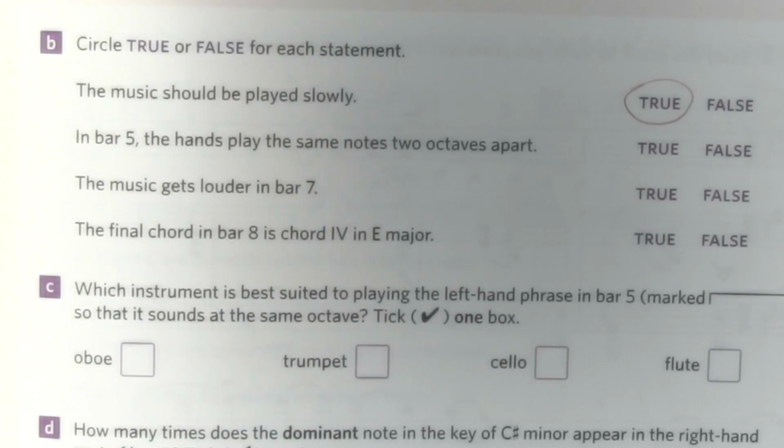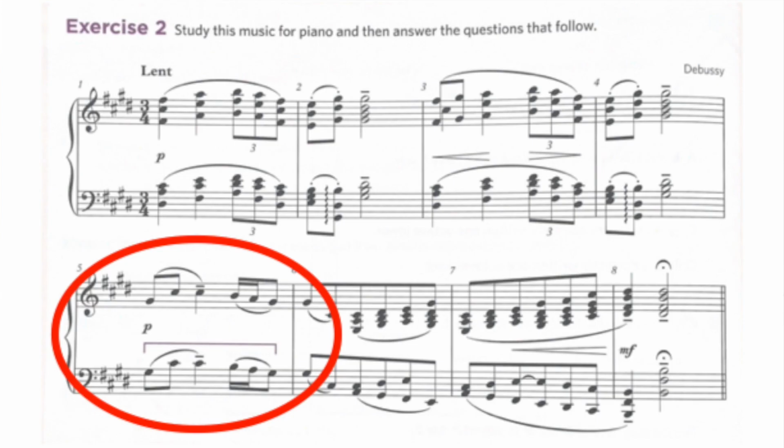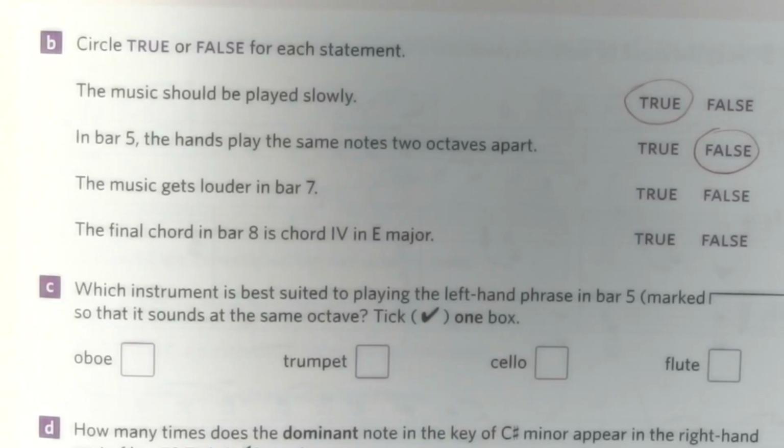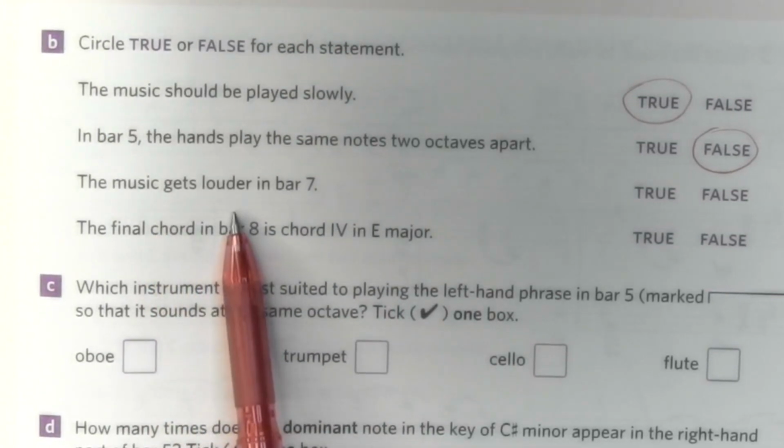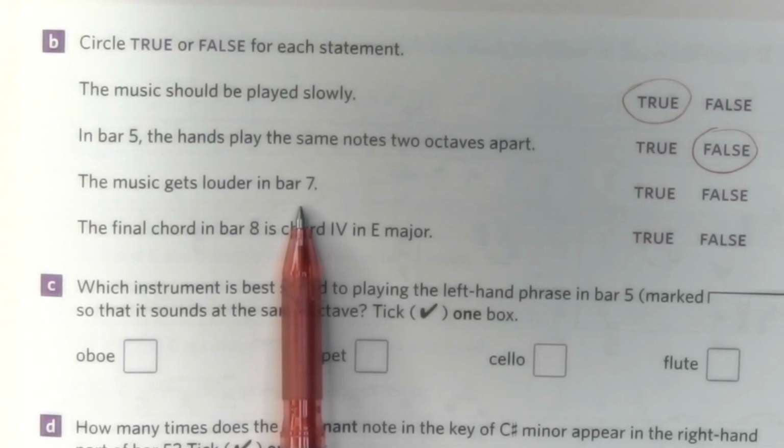In bar 5, the hands play the same notes 2 octaves apart, and I'm afraid this is false because they play it 1 octave apart. The left hand touches middle C and the right hand the C above middle C. So false.